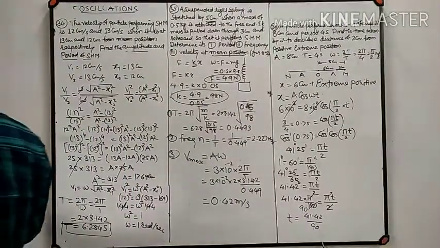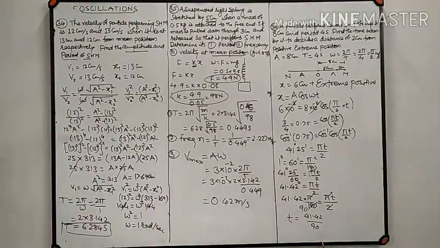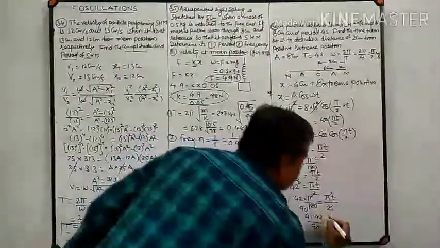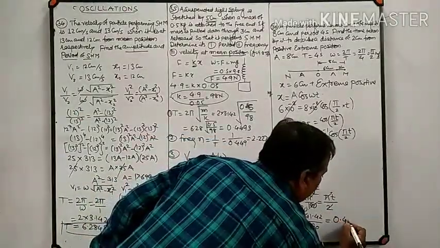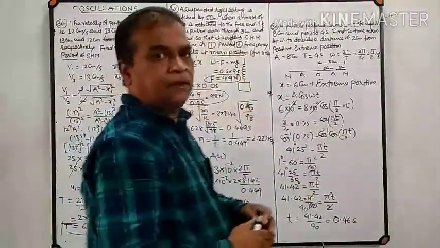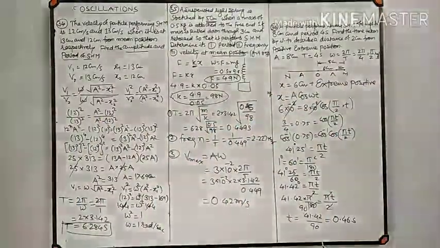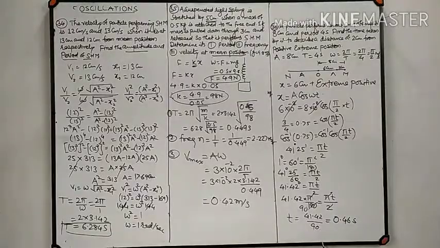If you calculate that, the time comes to be 0.46 seconds. Time t is equal to 0.46 seconds. So this is all about these 3 important examples.